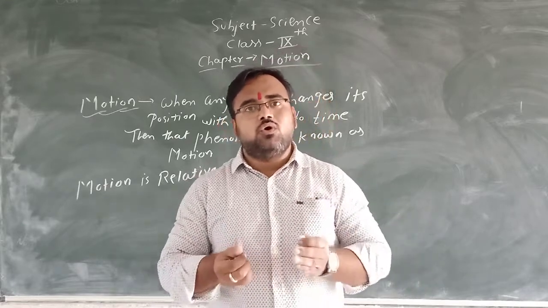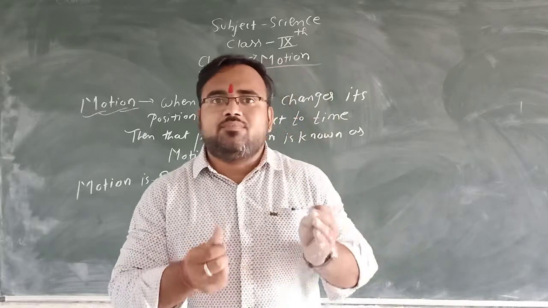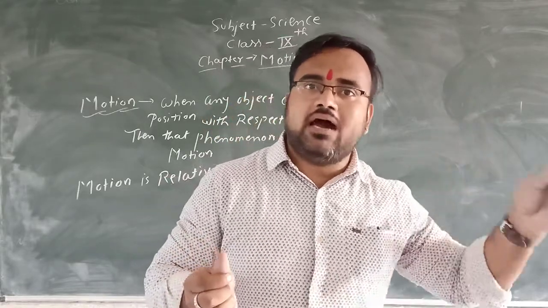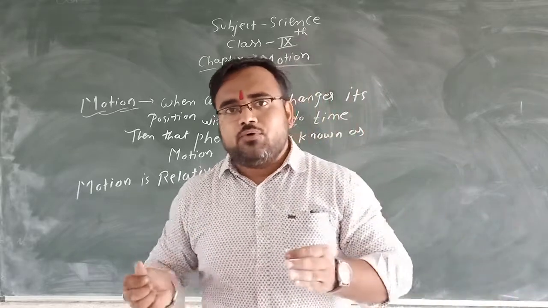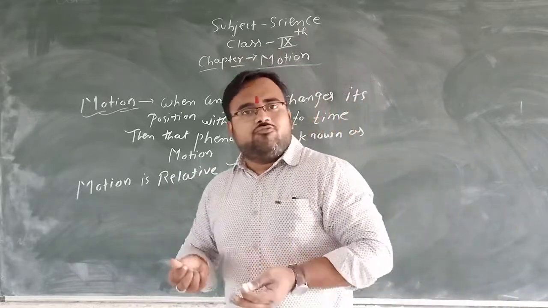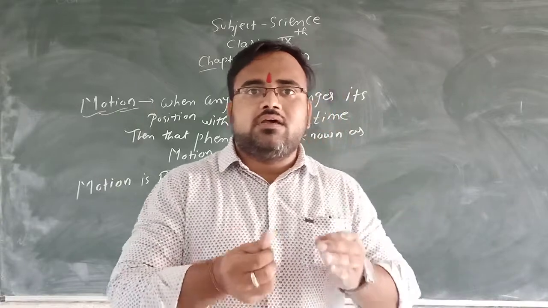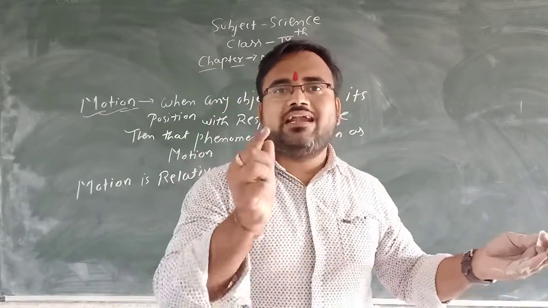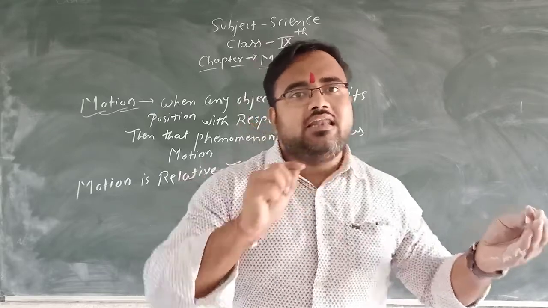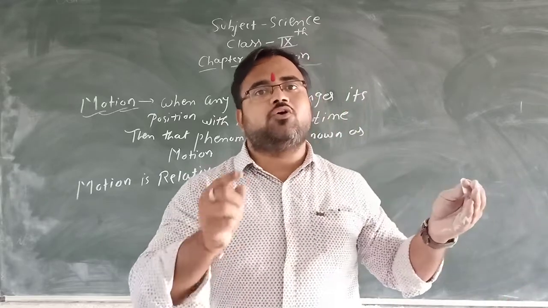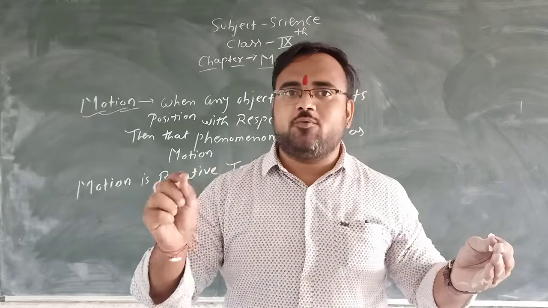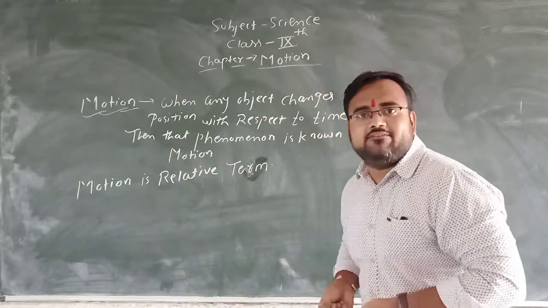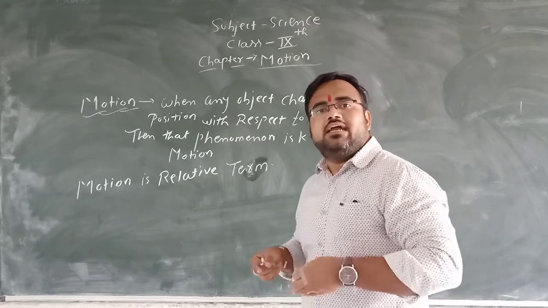With respect to my house. I am traveling 20 kilometers with respect to my house. Therefore my traveling depends upon my house, so it is a relative term, because I have traveled 20 kilometers from my house. So motion is a relative term because it depends upon the time.